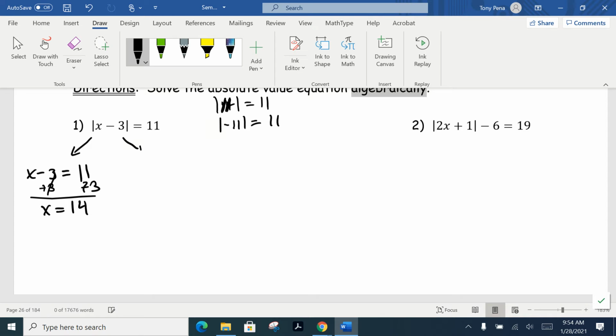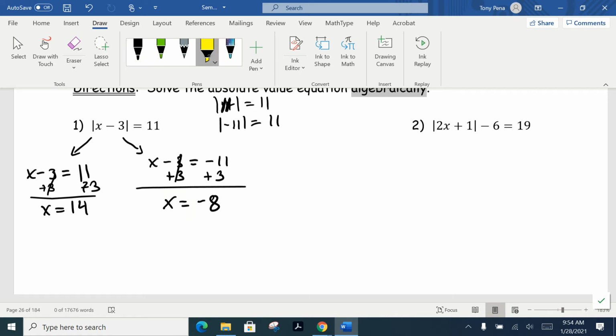So the way we're going to set up our second equation, if we can get this to equal a negative 11, so you're going to take your x minus 3, and we could also say that that's going to equal a negative 11. Add 3 to both sides, and we get a negative 8 for that answer.